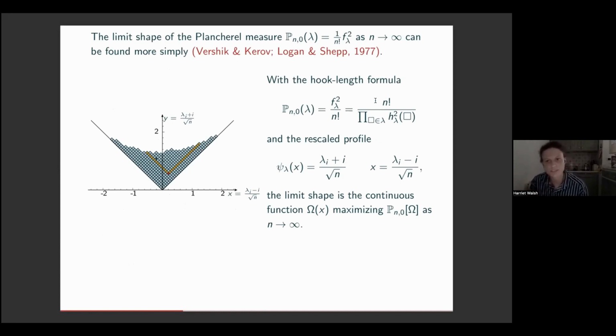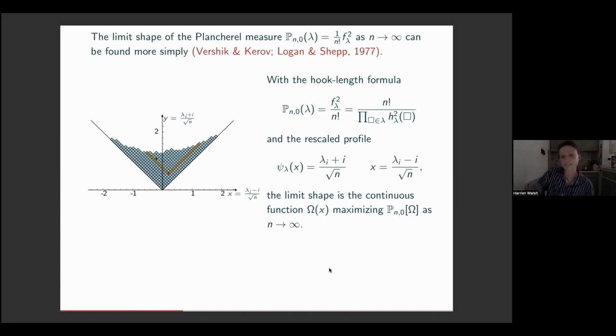So a formula for this number of standard Young tableau expressed in terms of these distances, as a product of distances from each square in the Young diagram out to the edge this way.